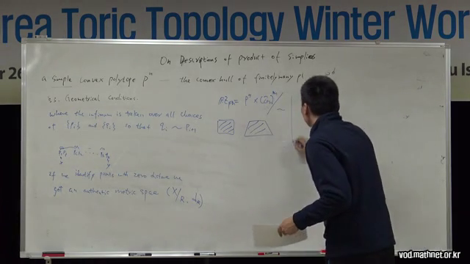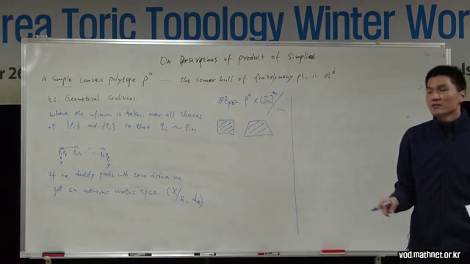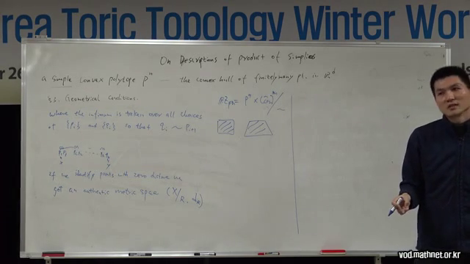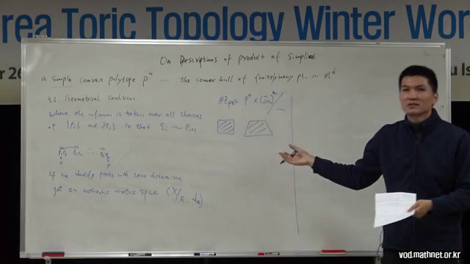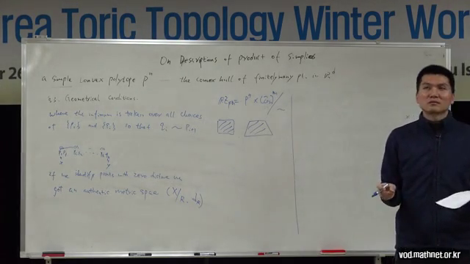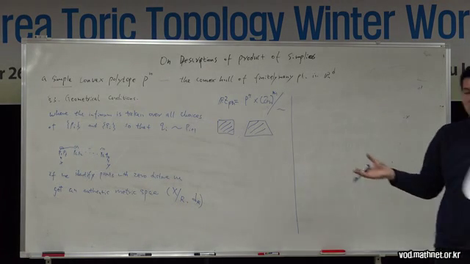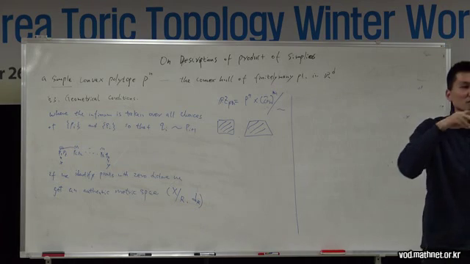Now I want to define the meaning of non-negative curvature and non-positive curvature for a metric space, because in Riemannian geometry we have the notion of non-negative curvature in terms of the sectional curvature.